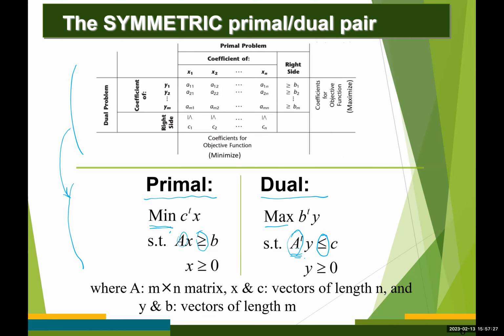Likewise, for every inequality constraint, not including the non-negativity, there is a corresponding dual variable. The right-hand side vector b of the primal problem serves as the objective coefficients of the dual problem, and the objective coefficients in the primal problem serve as the right-hand side values of the dual problem. Interesting, right?